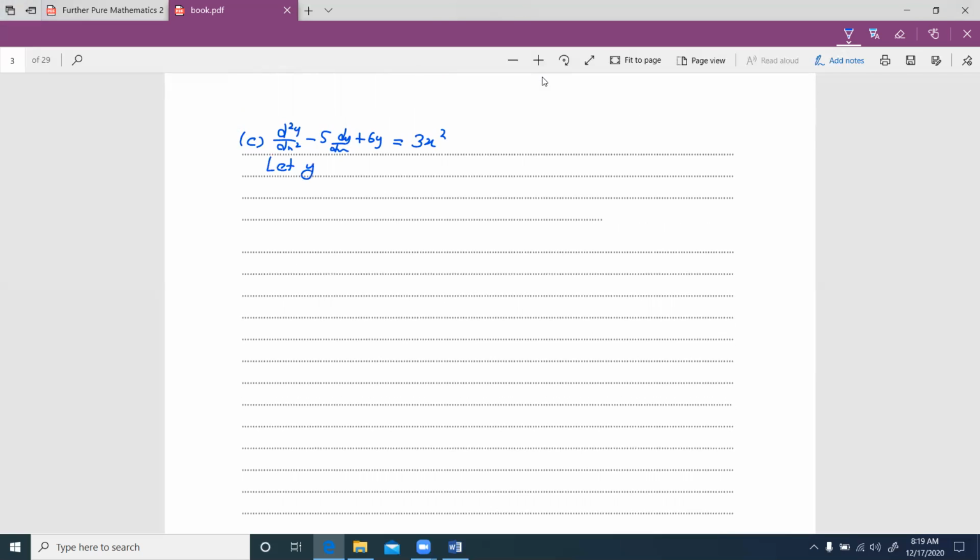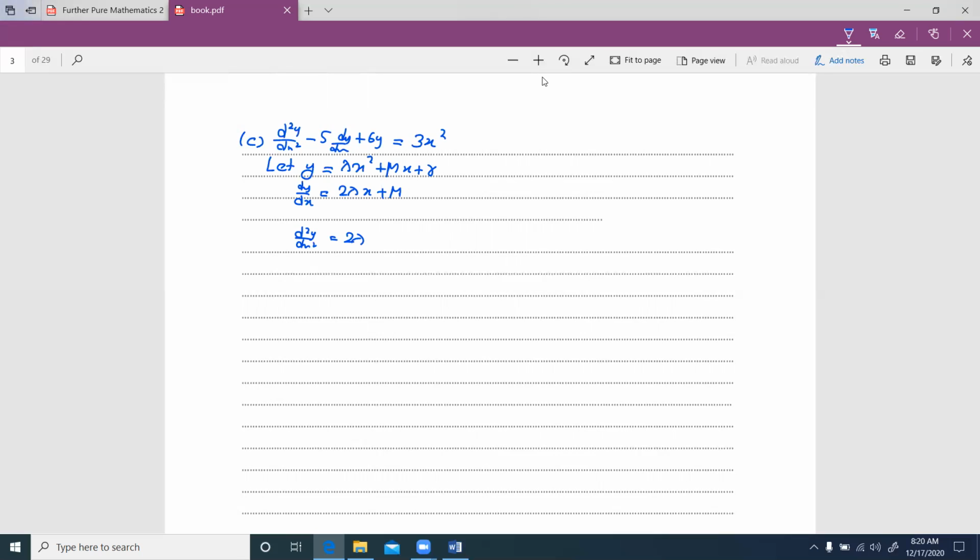Let y equals to lambda x squared plus mu x plus gamma, right? If it is so, you can say dy by dx is 2 lambda x plus mu. Then d squared y by dx squared is equals to 2 lambda.